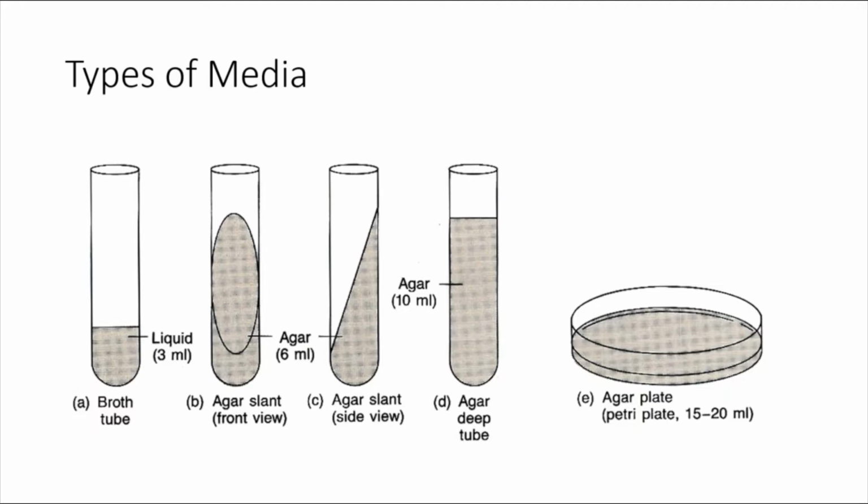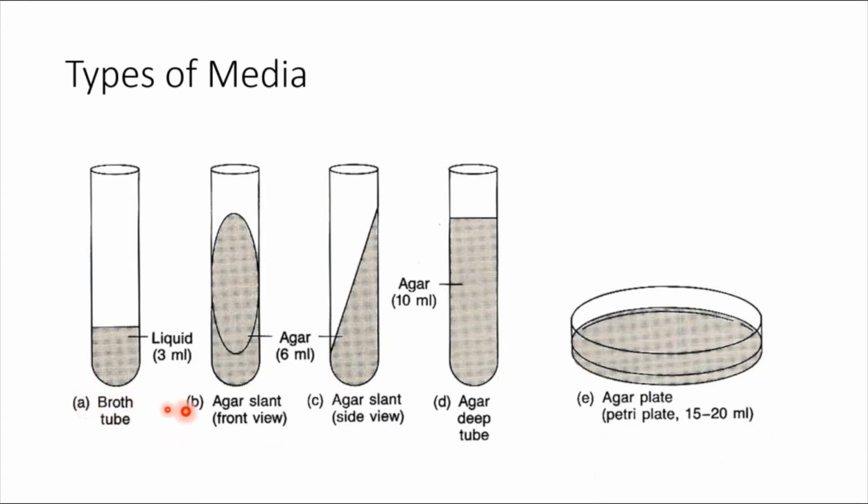The four main types of media that we're going to be looking at throughout the semester are the broth tube, the Agar slant, the Agar deep tube, and the Agar plate. In this lab, however, we are only going to be looking at tube media. Agar plates are something we'll be introduced to a little bit later.